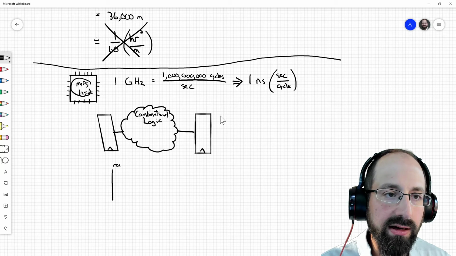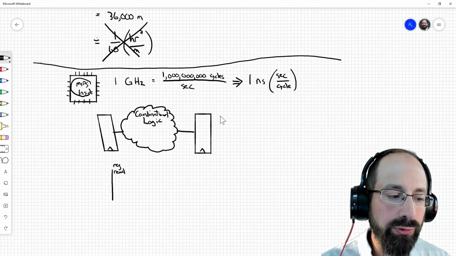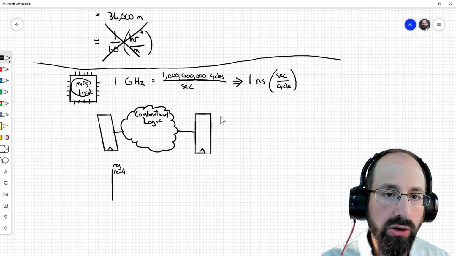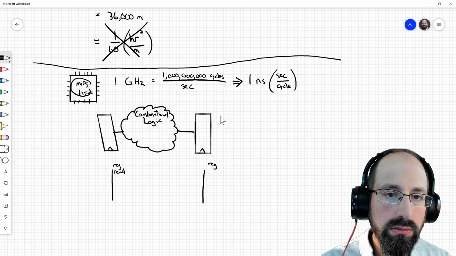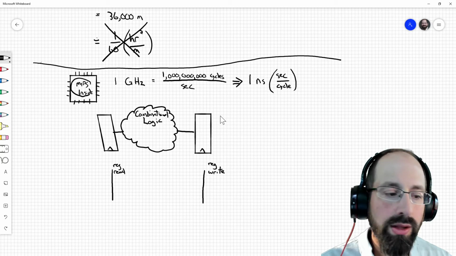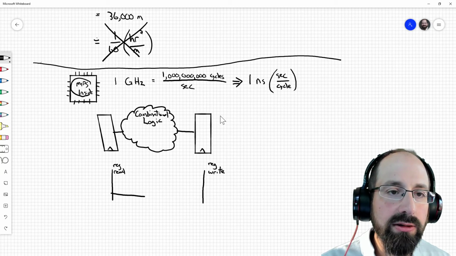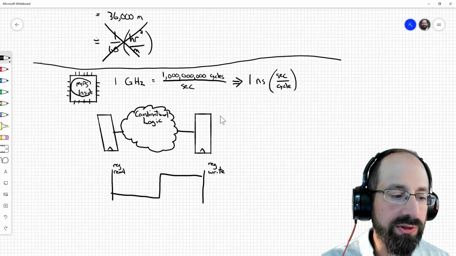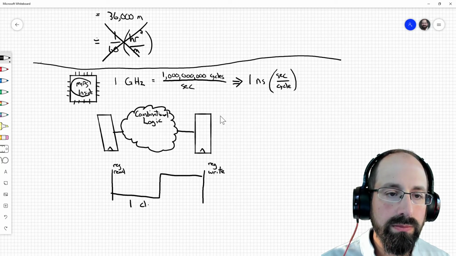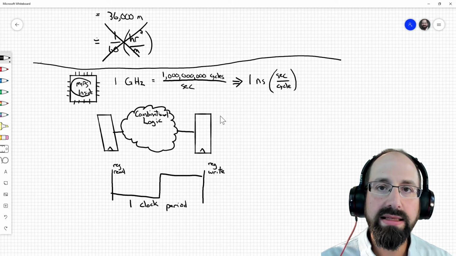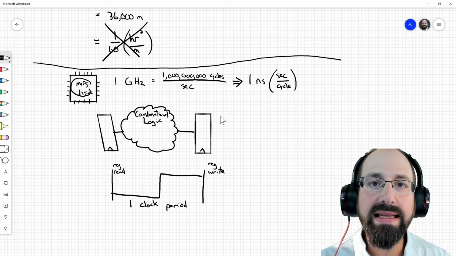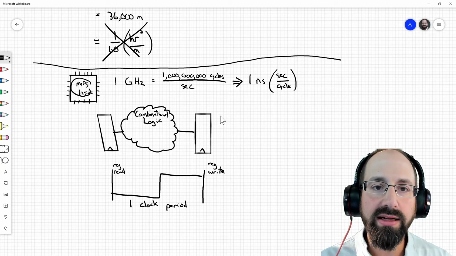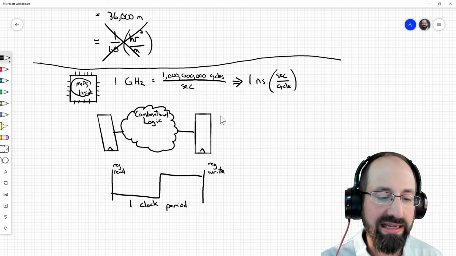If this is our timestamp where we're doing the register read here, and our goal is to have the instruction done in that single cycle, we effectively have that one single clock period to do so. In this case, if we say it's a 1 gigahertz processor, all of the work that needs to get done in any clock cycle has to fit within that 1 nanosecond period of time.